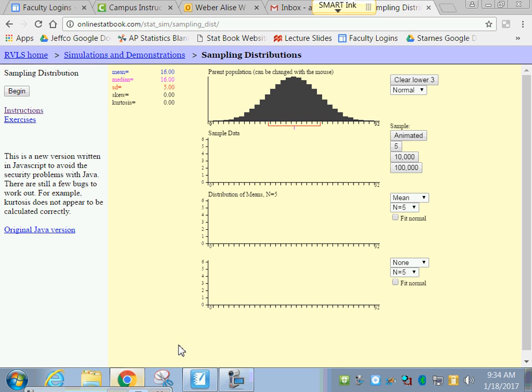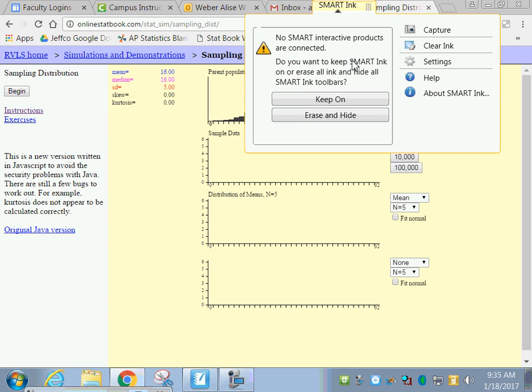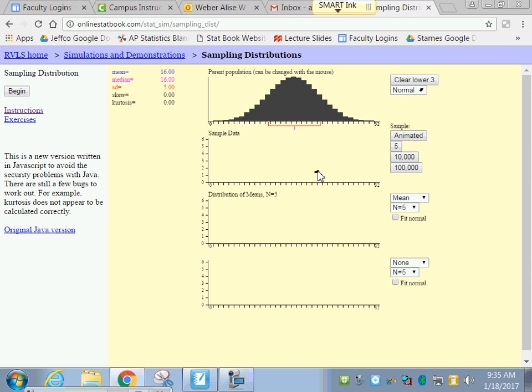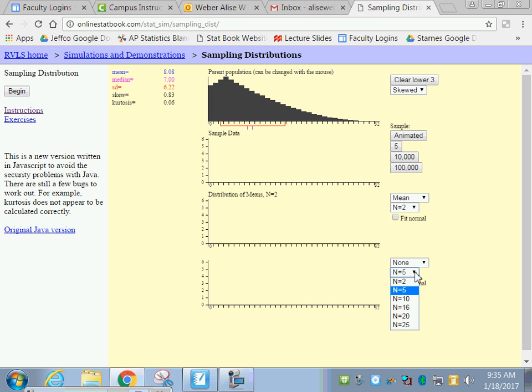The bottom two graphs display the sample means. Sorry, my thing didn't work. All right, so we're going to go skewed right. Set the bottom two graphs to display sample size 2, the other is 5.